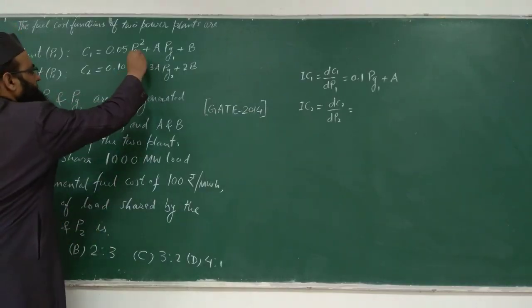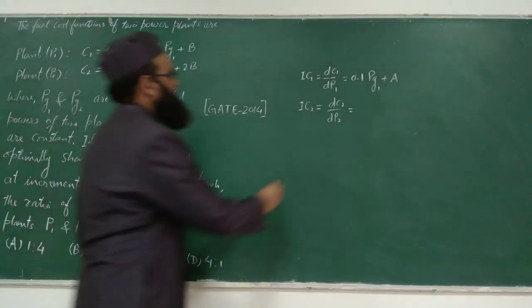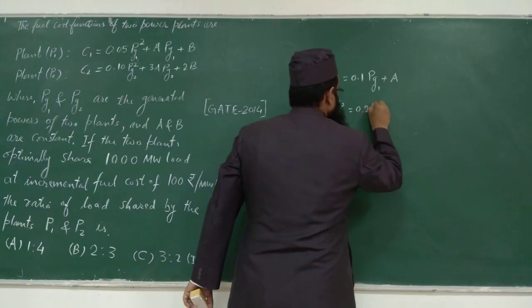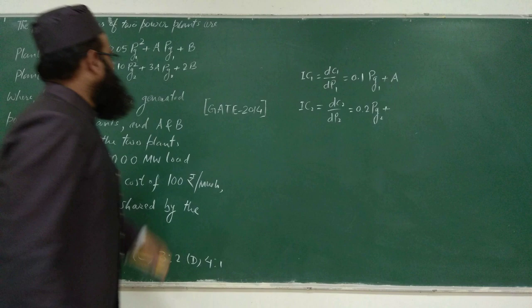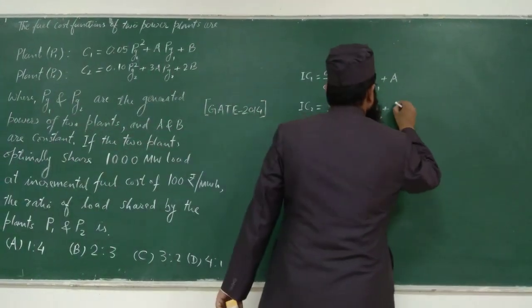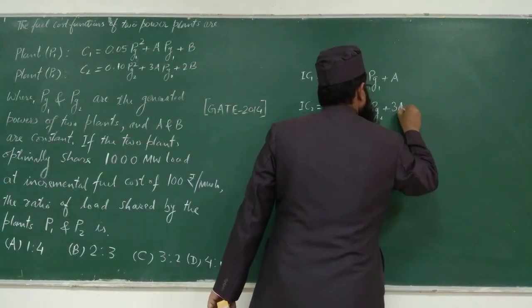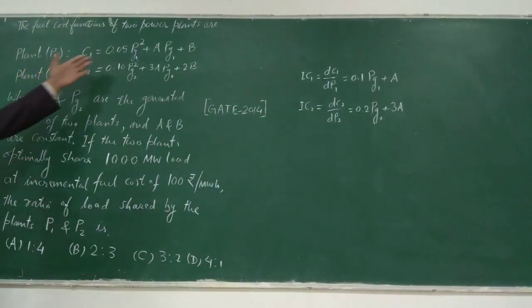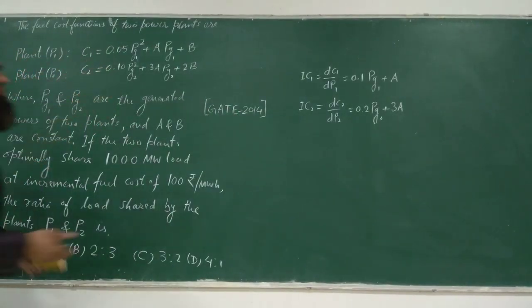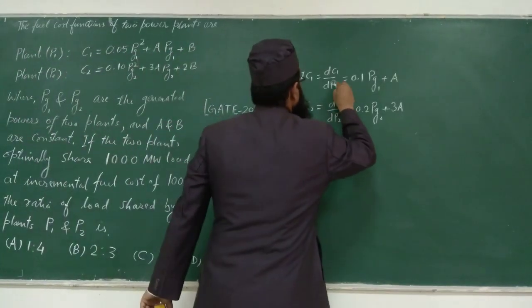So twice of that, 0.2 Pg2 plus 3A. This is basically P1, P2, two plants, so generations are represented by Pg1, Pg2, so better to represent them as Pg1, Pg2.